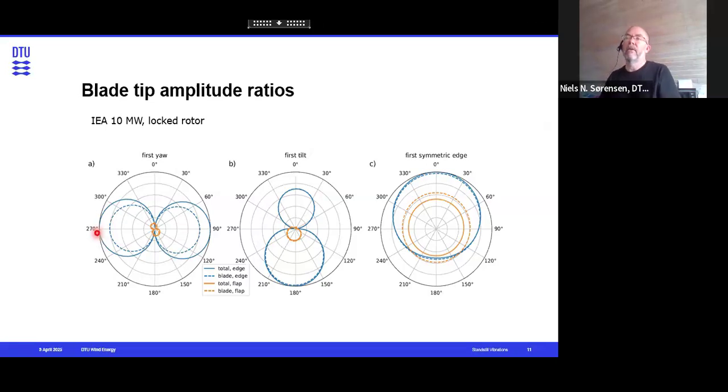And that is an advantage later on when we are discussing forced motion. We can also, based on these methods, directly extract from a structural model of a turbine the damping coefficient for a given vibration.